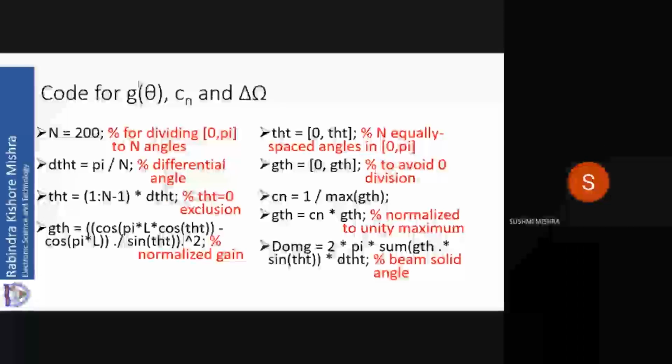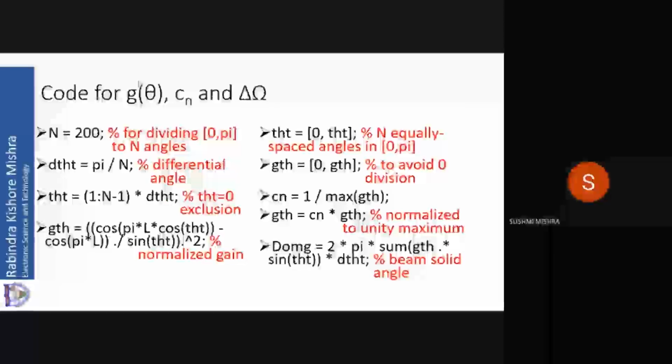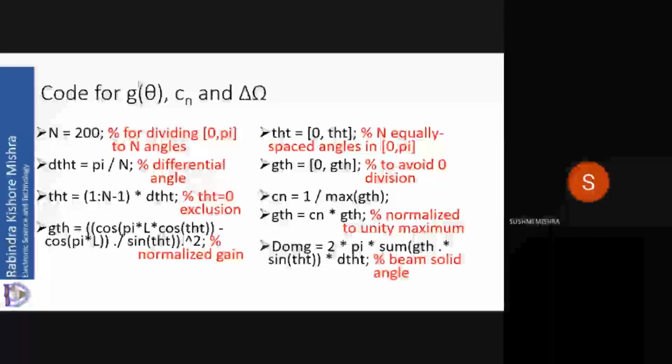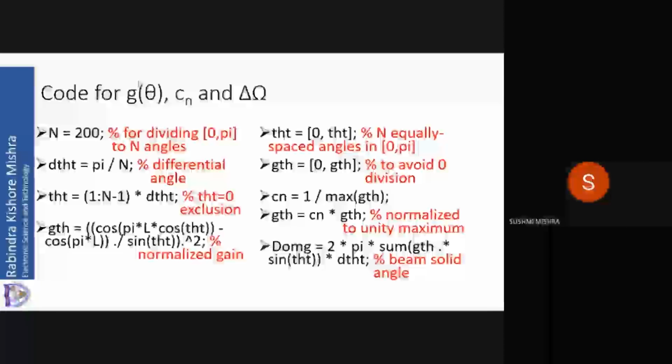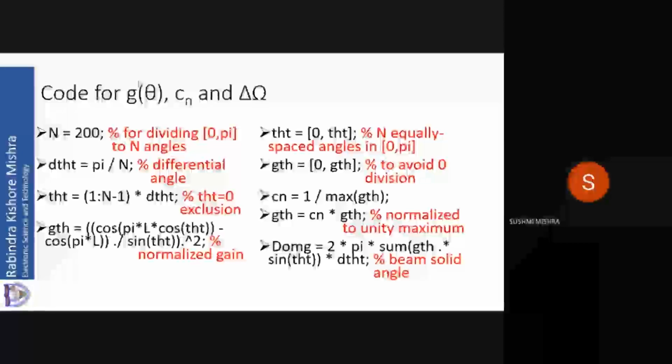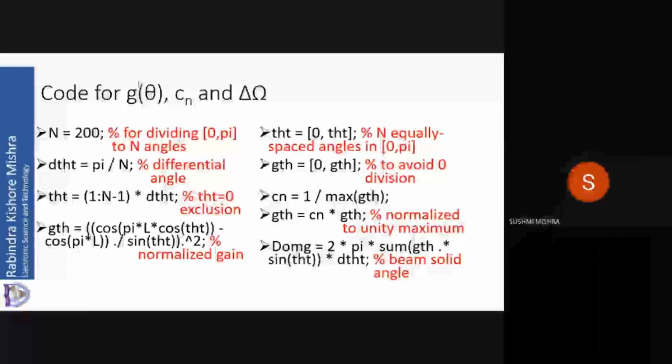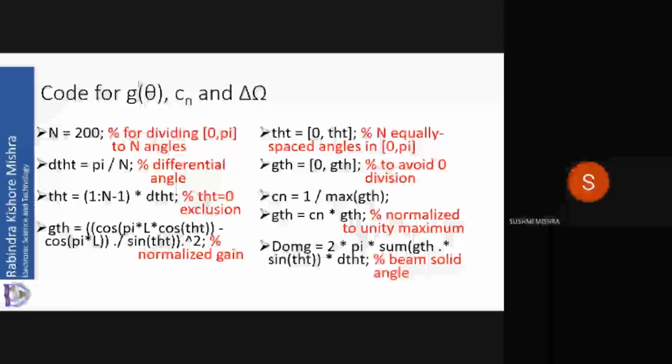Then I will find out what are the theta at which I am going to calculate. Once I know my differential angle, I'll find out what will be the theta. Th will be 1 to n minus 1. That is written in MATLAB as 1 colon n minus 1. That means 1 to n minus 1 in increments of 1. N is an integer. Suppose n is equal to 5.